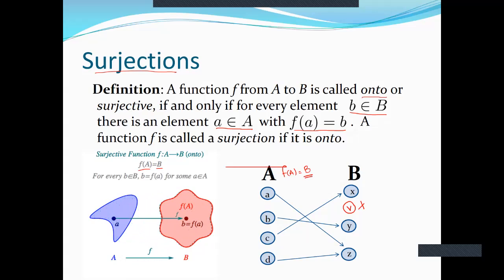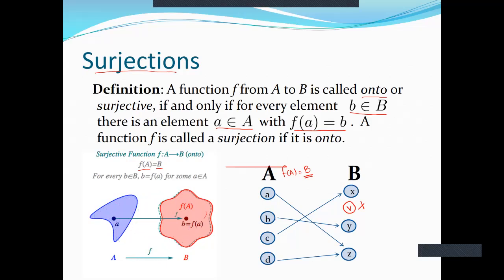That means all the elements are mapped with at least one, or with exactly one, element in A. So here you can see, every element of set B must have a pre-image in set A. So these two things should be clear.